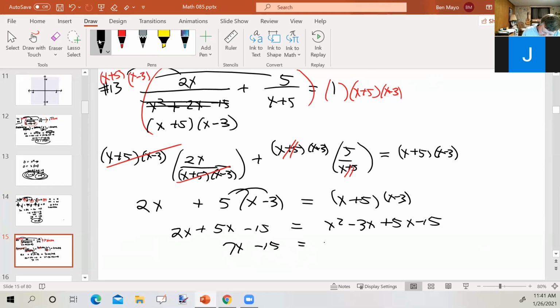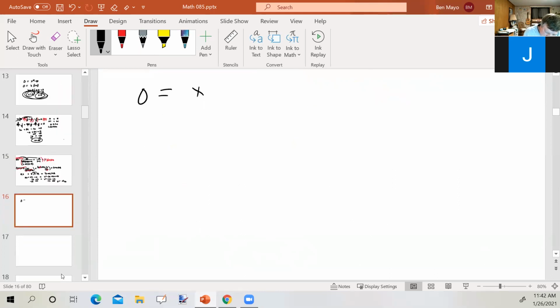7x minus 15 equals x squared plus 2x minus 15. Subtract 7x and add 15 to both sides. And we get 0 equals x squared minus 5x. Factor out an x. x is 0. x minus 5 is 0.